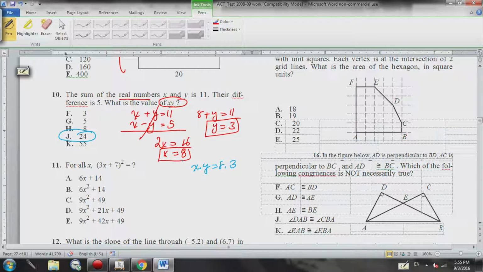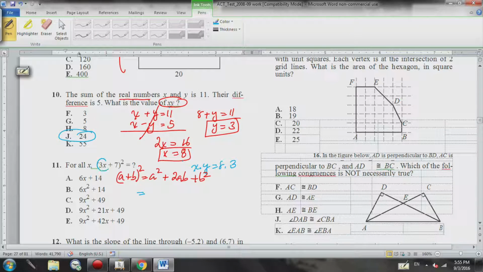Next, for all x, what's the value of the quantity 3x plus 7, squared? Well, that's this rule. See, (a plus b) squared is a squared plus 2ab plus b squared. That's the formula that you need to know.